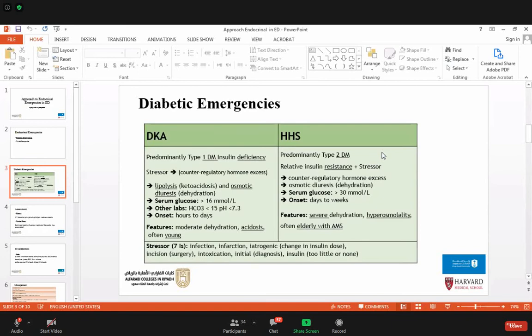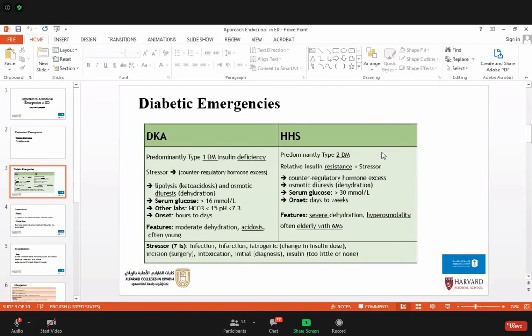And they also have exacerbation usually related to stress, and the stress in the elderly population is usually related to dehydration. So they will be severely dehydrated, and they would also have the glucose high, but the pH most of the time would be normal. So the ketone should not be elevated as in diabetic ketoacidosis.